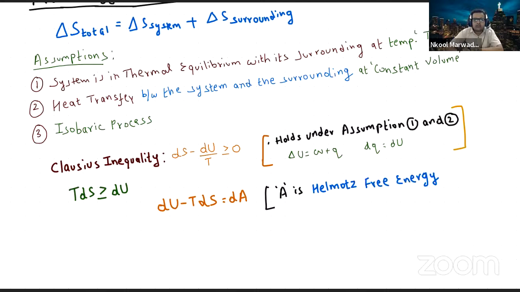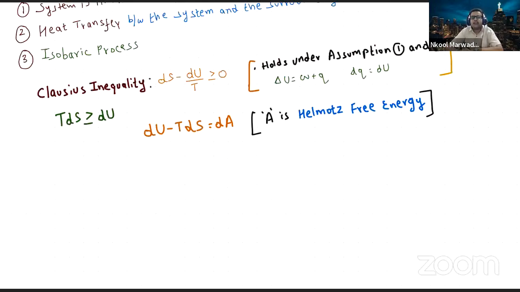And whatever we are discussing, these are all experimental findings, and hence they hold. So once again, dU minus TdS, the term we are interested in from the Clausius inequality, is equal to dA, the change in the Helmholtz free energy.